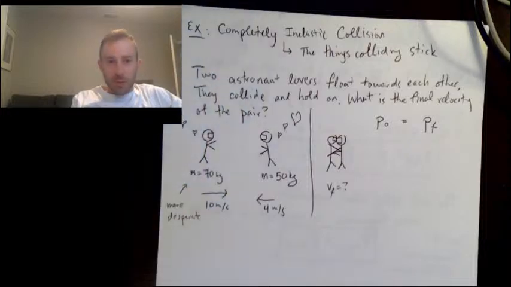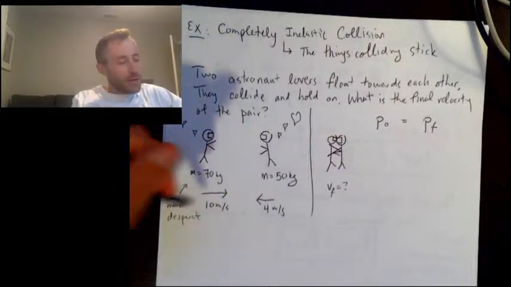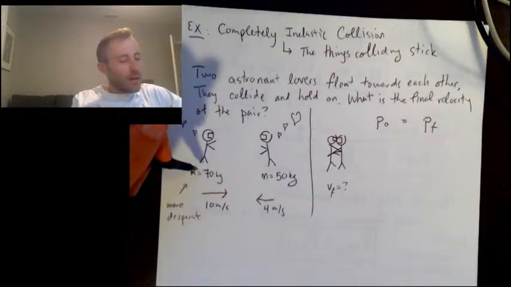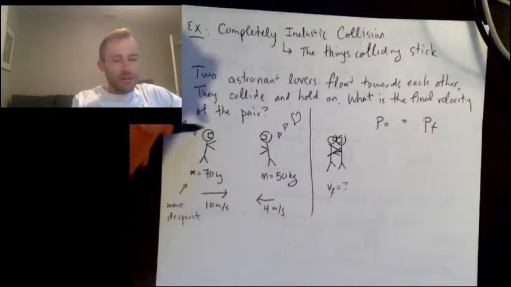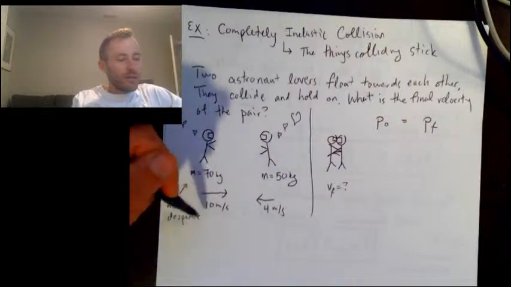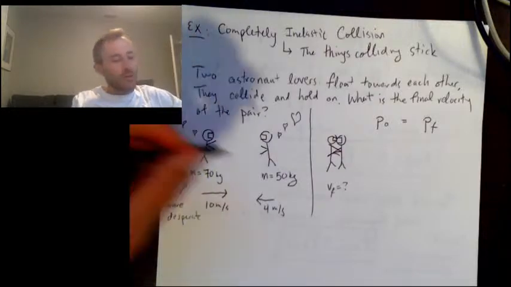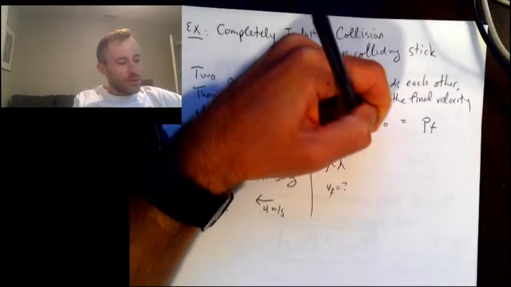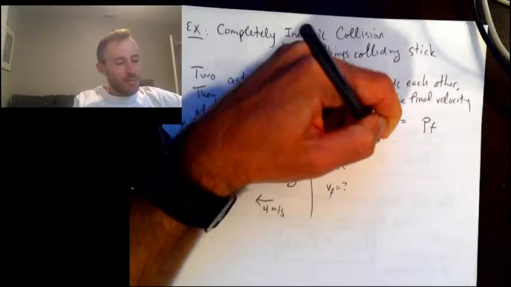The formula for momentum is mv. The mass of the left astronaut is 70 and the velocity is 10 meters per second to the right, so his initial momentum is 70 times 10.